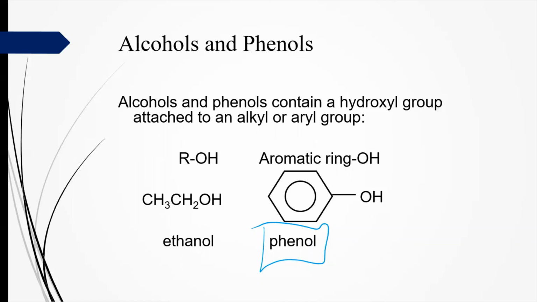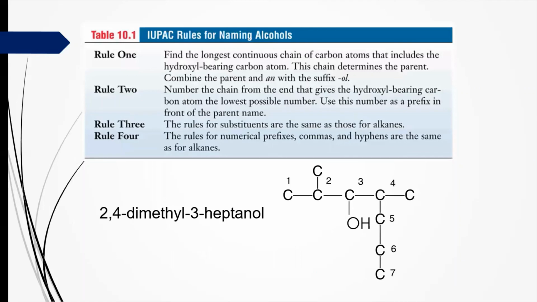So let's look at naming some of those alcohols. Looking at this one here, we have a chain of 1, 2, 3, 4, 5, 6, 7. So that's going to be our hept part. Looking at our numbers, we have 2 methyls attached. We have 1 alcohol.